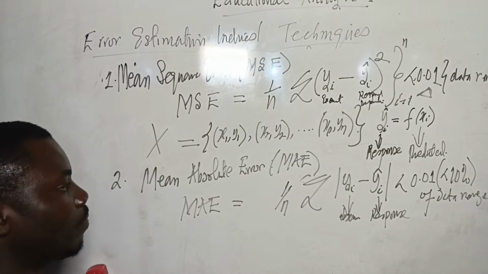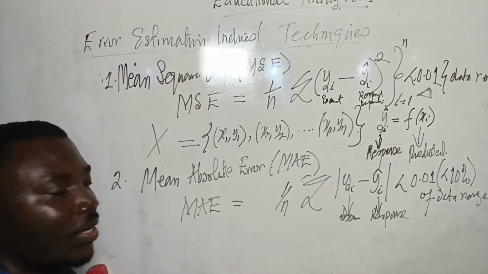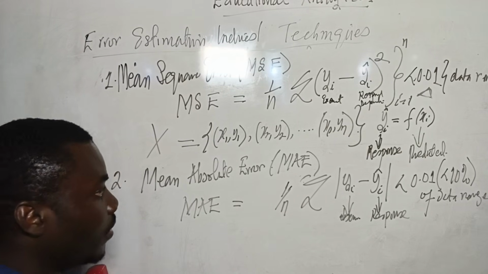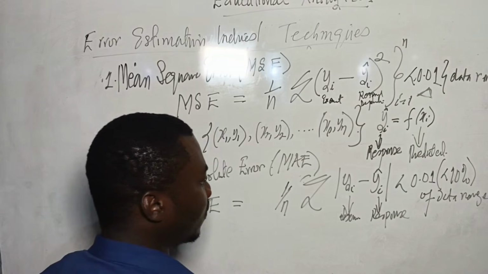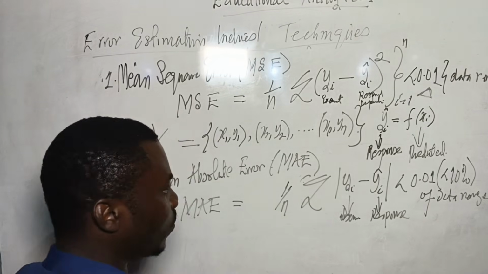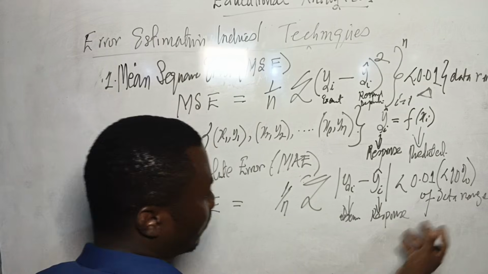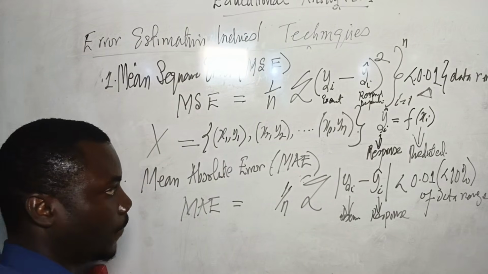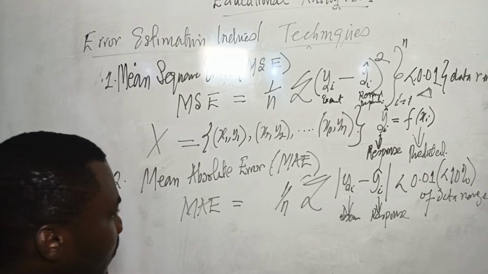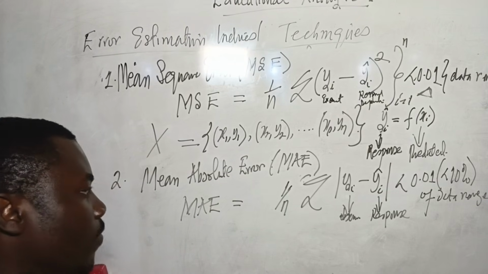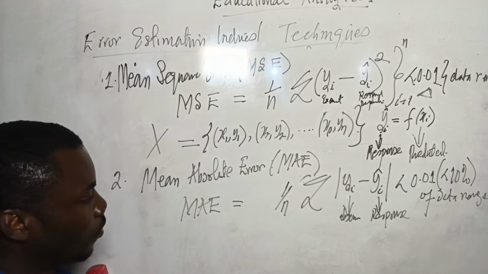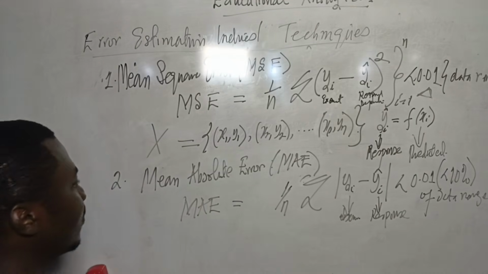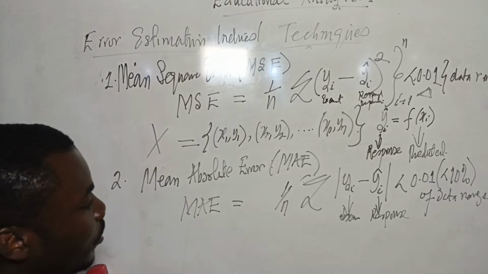We consider it as a perfect fit that can give us a much better prediction. But if it is closer to 1 or more than 1, it is considered a poor model. That means maybe there's a problem of underfitting or the problem of overfitting. Those are the simple problems that we could experience when we are taking estimations.